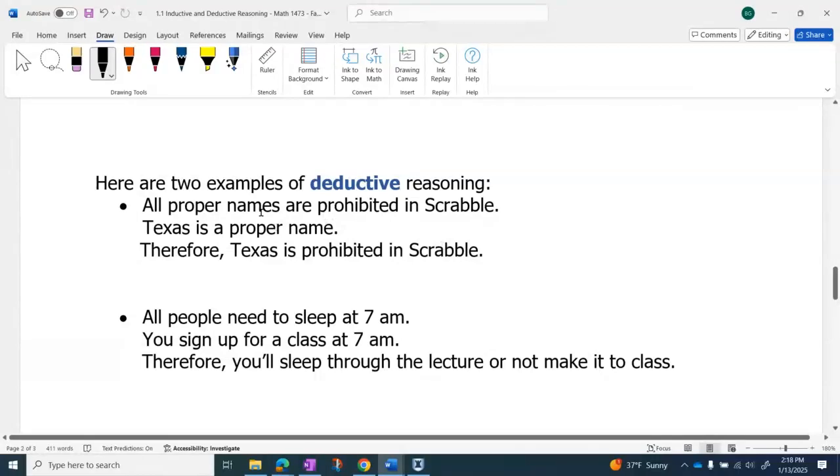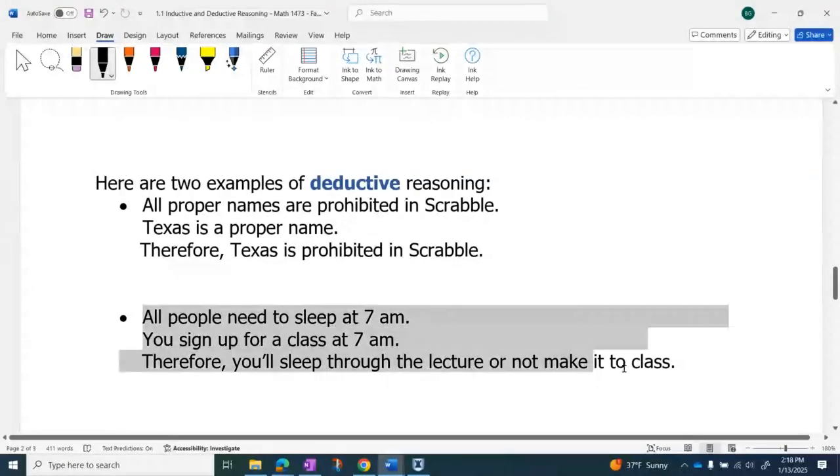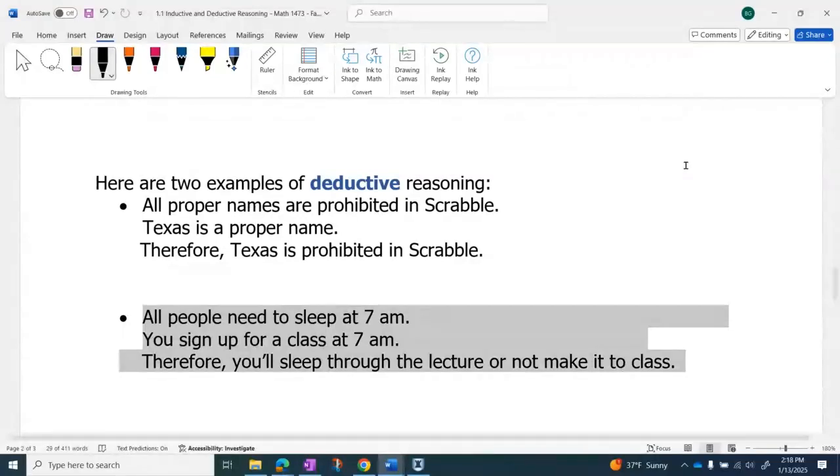What is proper? This one is better. All people need to sleep at 7 a.m. Okay, the general claim is not necessarily true. You sign up for a class at 7 a.m., therefore you'll sleep through the lecture or not make it to class.